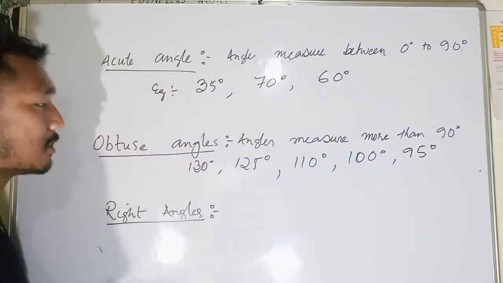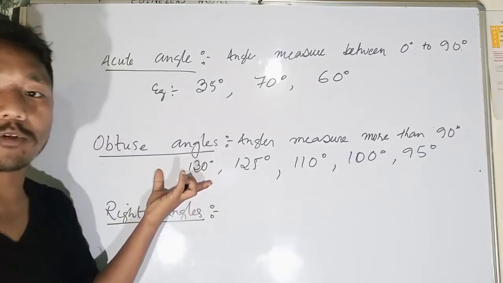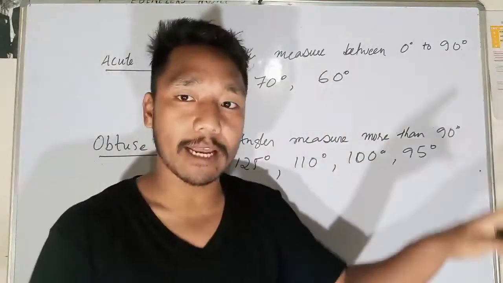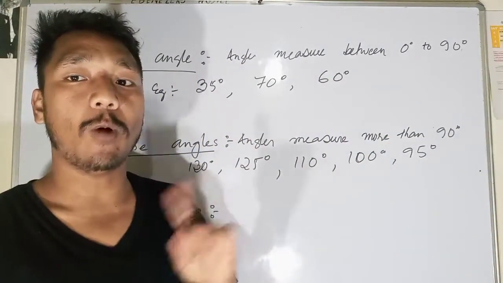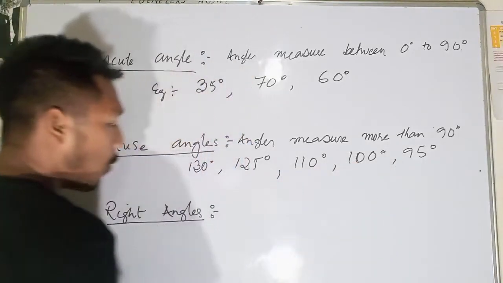They are all considered to be obtuse angles. Why? Because they are greater than 90 degrees but less than 180 degrees.